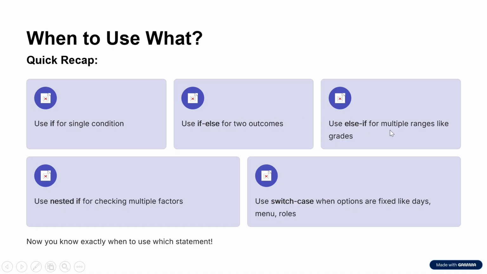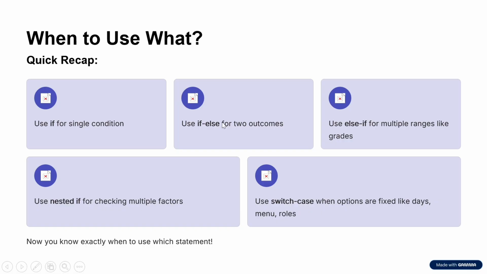Where there are multiple ranges, just like grades, we use the else if ladder. When we have to check multiple factors, we use the nested if. And when it comes to fixed options like days, menu, roles, we use the switch case statement.